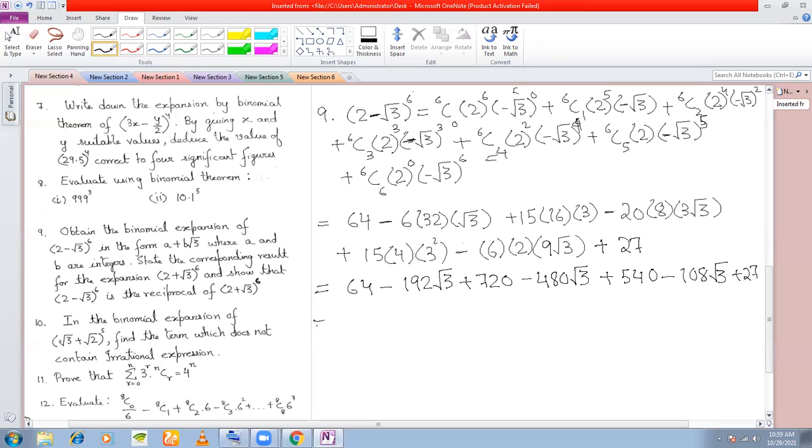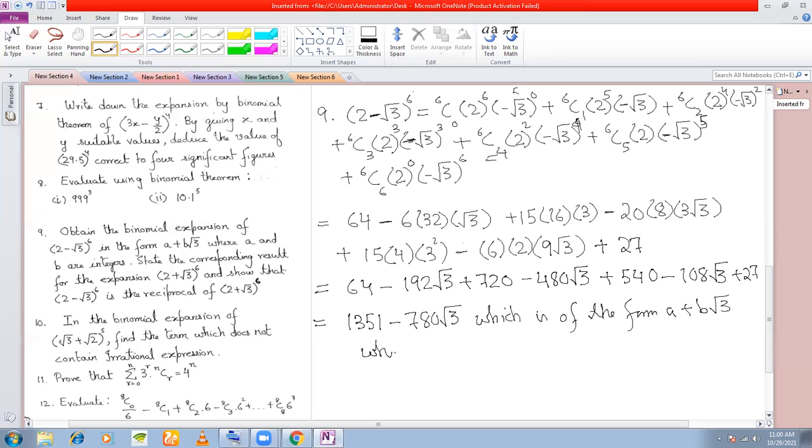Okay, so you are getting here, if you add all the rational numbers and if you add all the irrational numbers separately, you will get this, which is of the form a plus b root 3, isn't it?